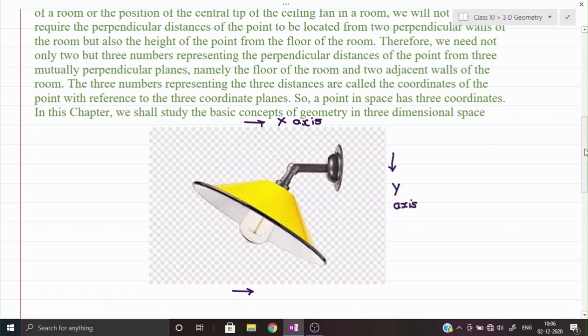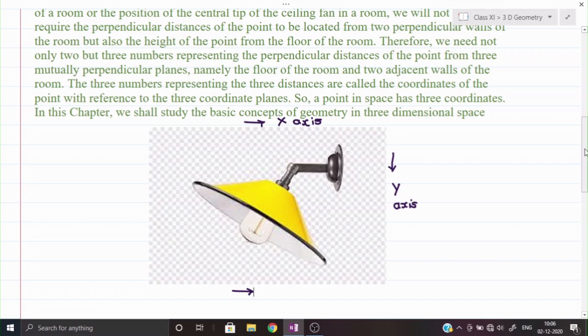So these three perpendicular planes are required, namely the floor of the room and two adjacent walls of the room. The three numbers representing the three distances are called the coordinates of the point with reference to the three coordinate planes. So whichever numbers we take, suppose we take the alphabets x, y or z, they are talking about the names.